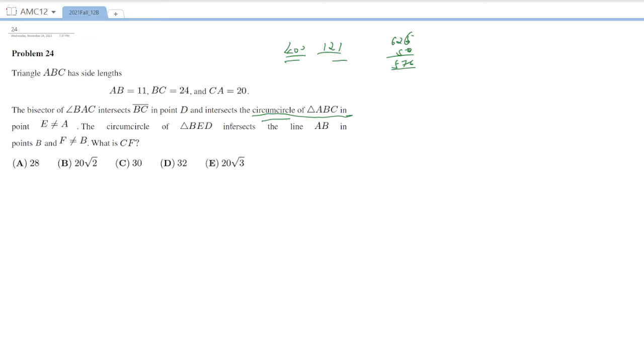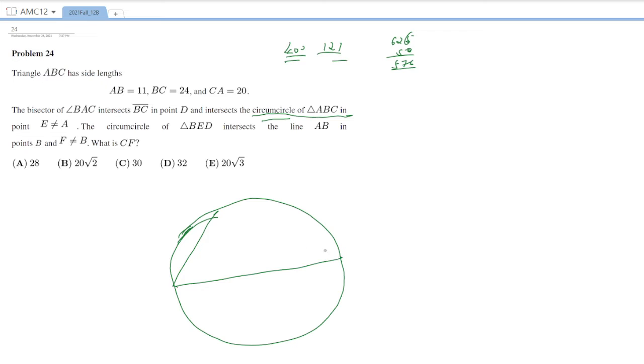Whenever we see the circumcircle, we always draw the circle first. Then we have AB, BC, and CA. BC is the longest, that's here, and AC. So we know AB is 11, this one is 20, and this one is 24, right?